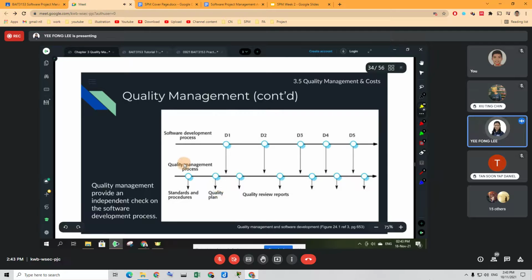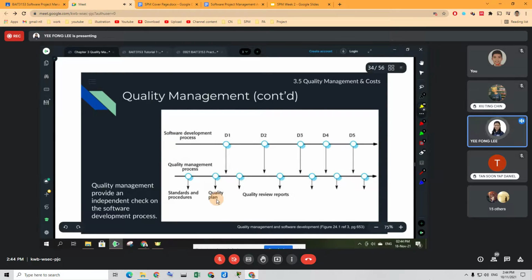I did mention before, the quality team shall be independent from the development team. Quality team and development team shall not be the same people, so that the quality team will take a more objective view of the software, without influence. If they are the same group of people, also developers, sometimes their ideas will be influenced by the issues encountered throughout the development process.